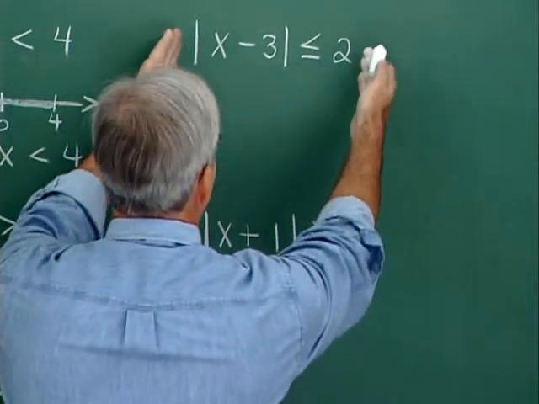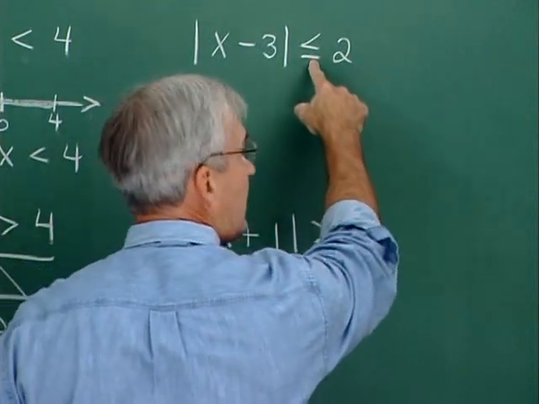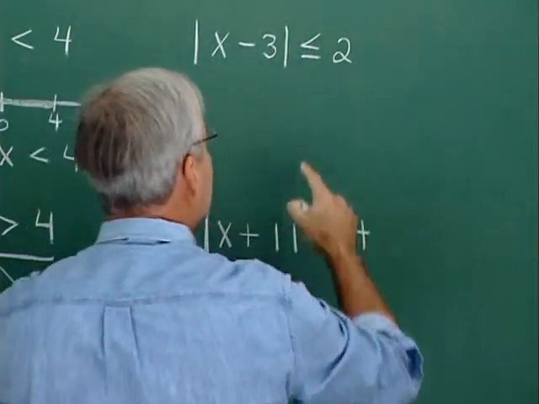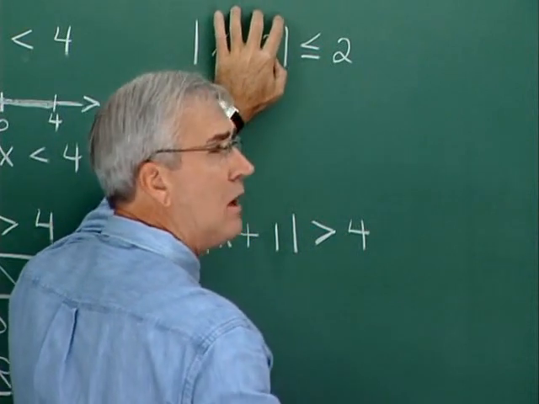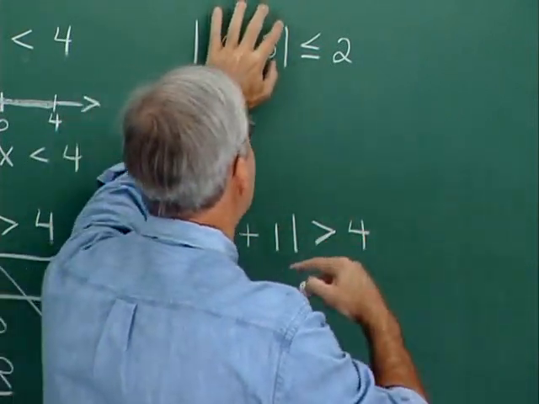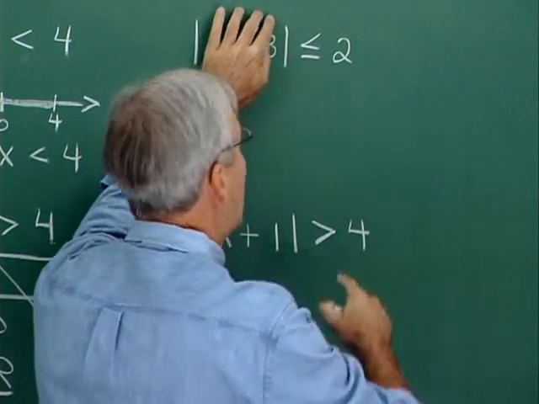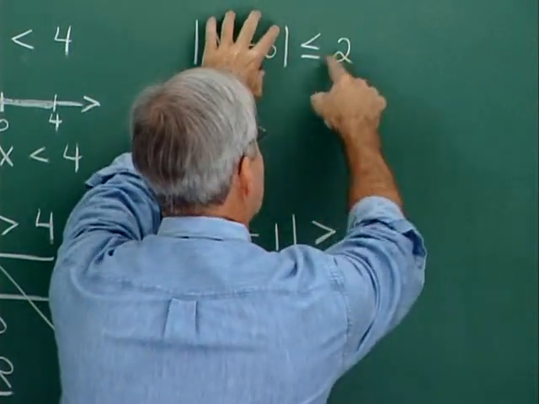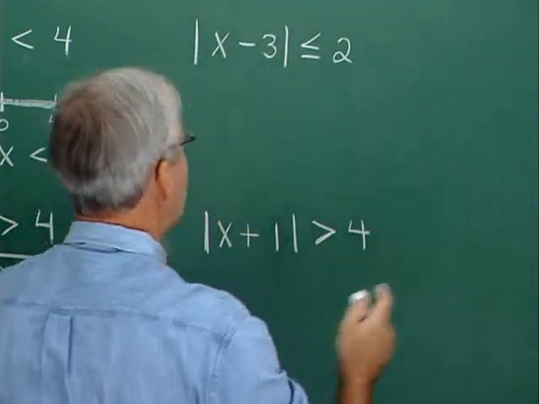the easy way to deal with this one, remember the less than, it's less than or equal to, but the less than idea puts whatever number here within a certain interval. We can say that the distance from 0 on the number line of whatever number that is less than or equal to 2. Well, how do we deal with that algebraically?